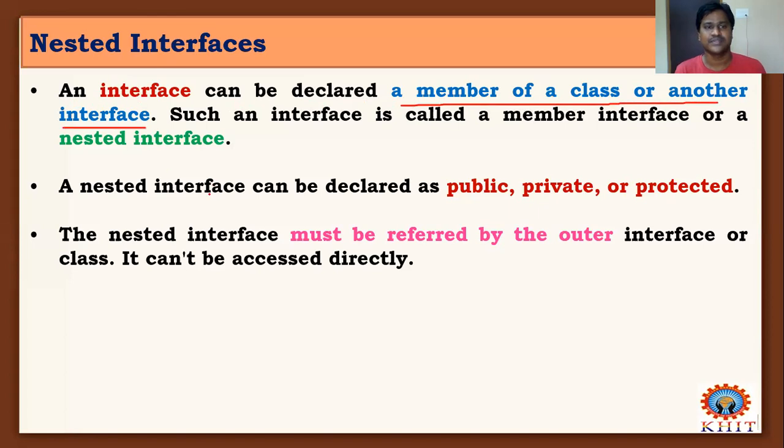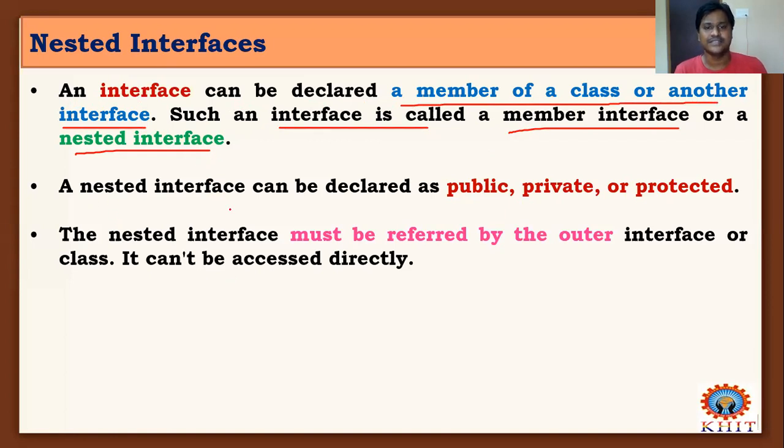That means you can define a new interface within the scope of an existing class or another interface. Such an interface is called a member interface or a nested interface.